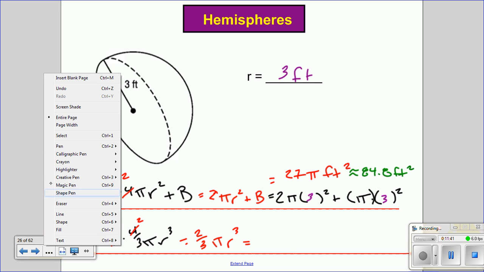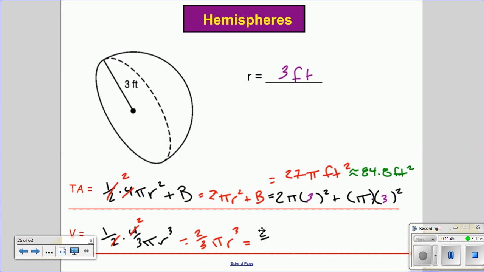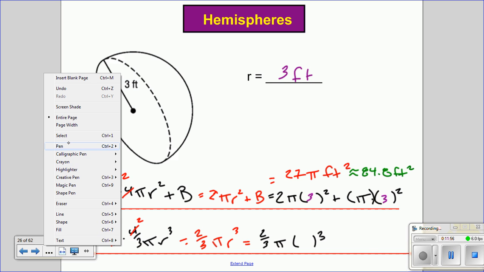So now put everything in its place. So 2 over 3 times pi times radius cubed. My radius is 3 again.